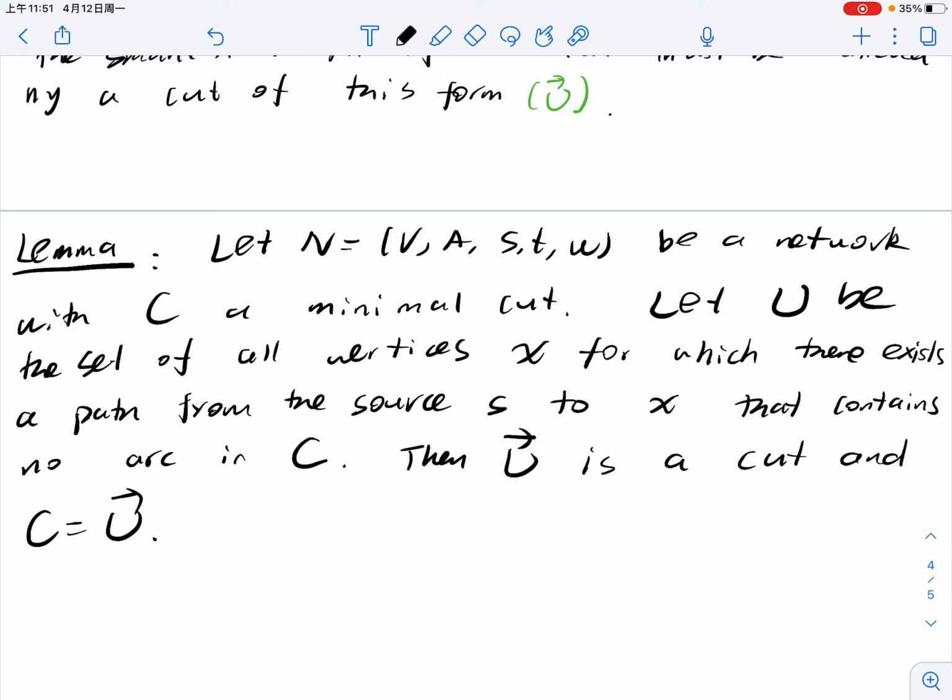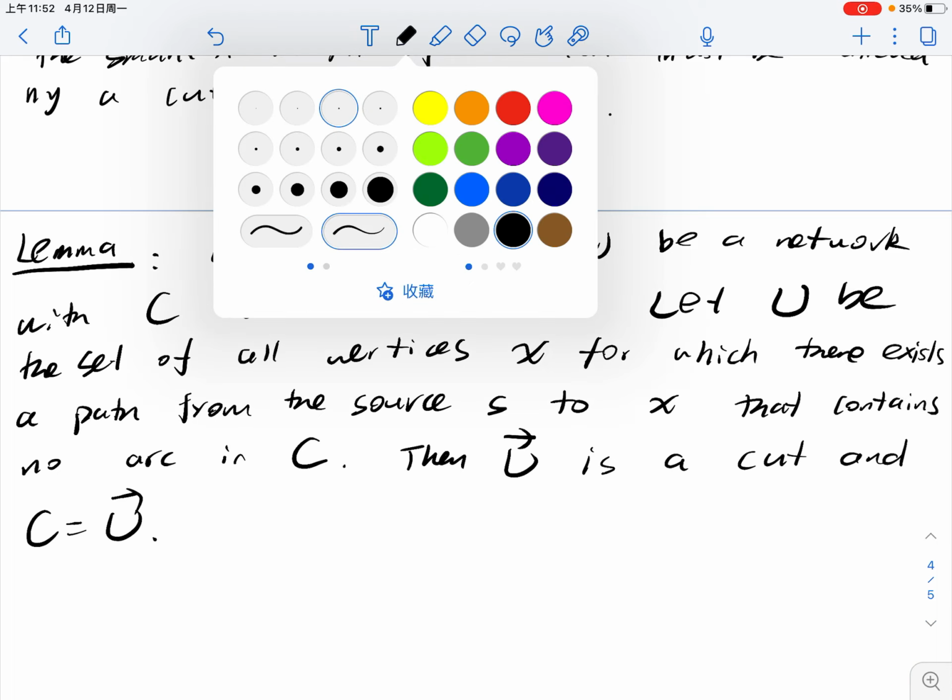So if you draw a picture, of course here the theorem is true only if C is a minimal cut. In other words, there's no redundancy.